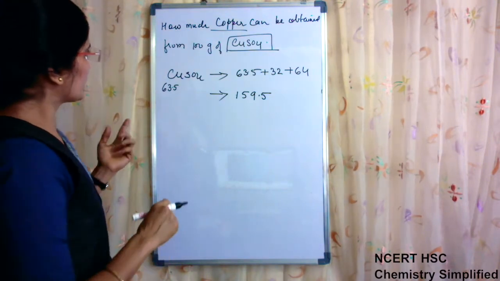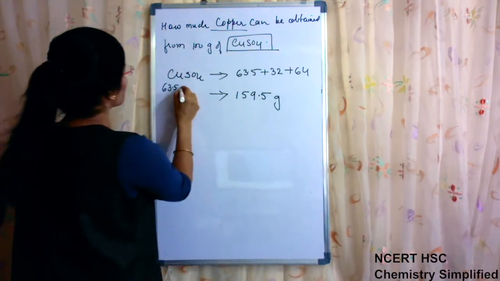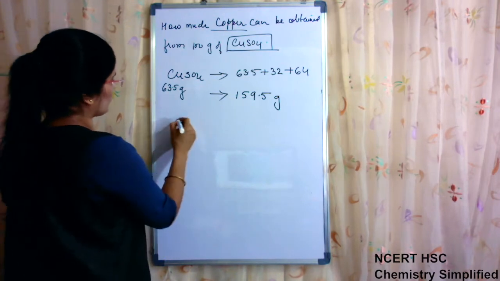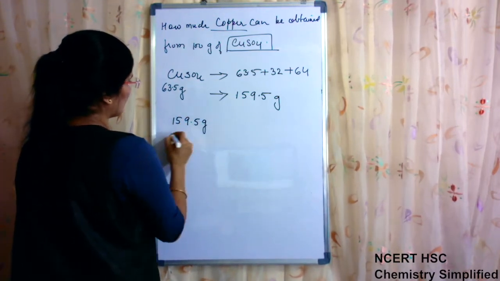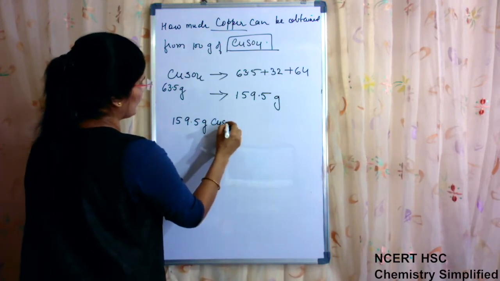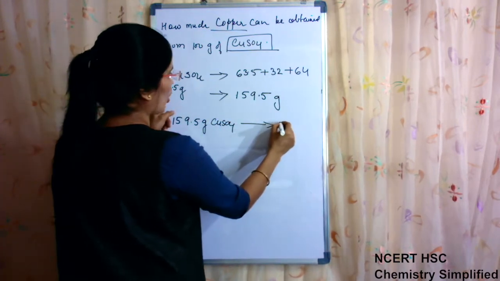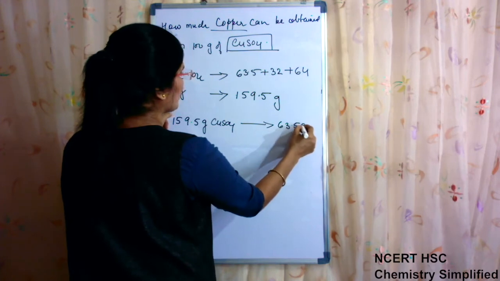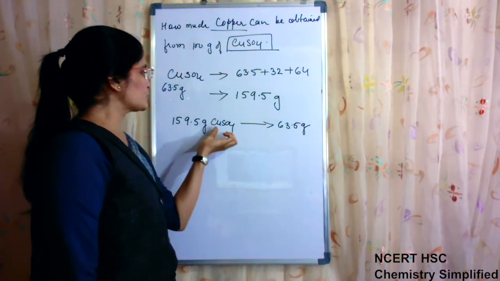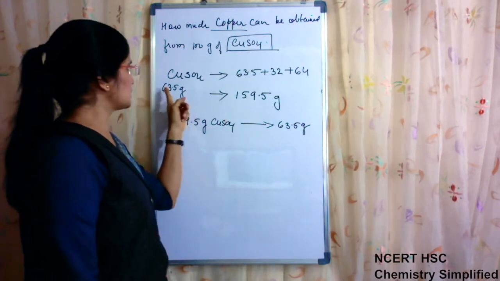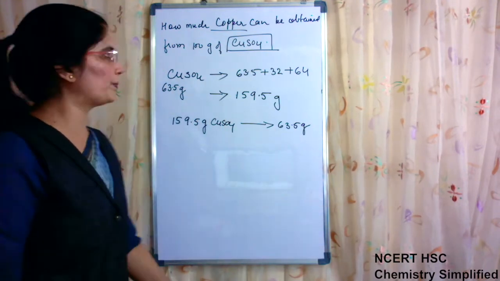This is in grams. So when 159.5 grams of copper sulfate is there, copper present is 63.5 grams, or you can say from 159.5 grams of copper sulfate we can obtain 63.5 grams of copper.